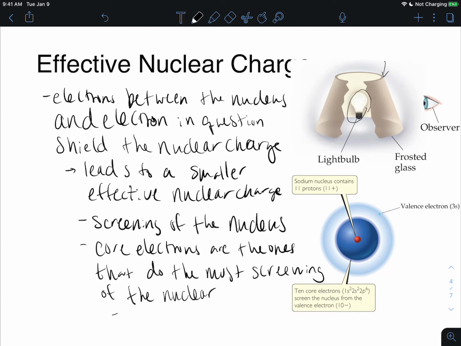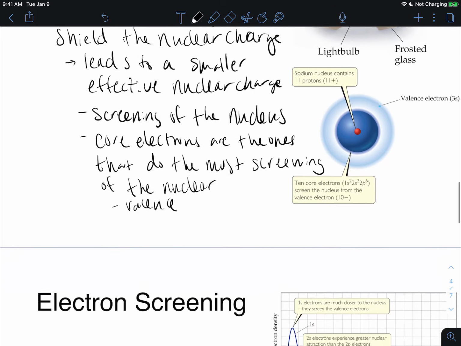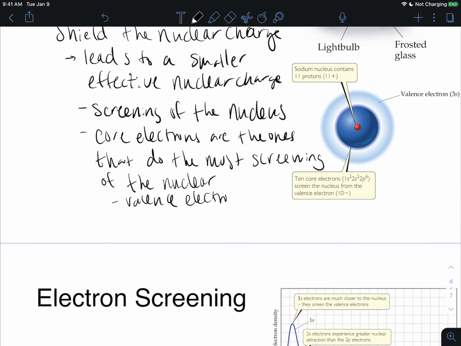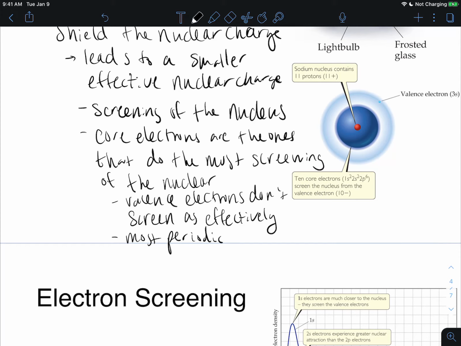Okay, valence electrons don't screen as effectively. Okay, and then this idea of the screening of the nuclear charge, the effective nuclear charge, is what most of our periodic trends are going to be related to. So most periodic trends are based on effective nuclear charge.